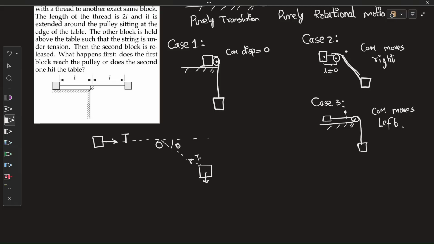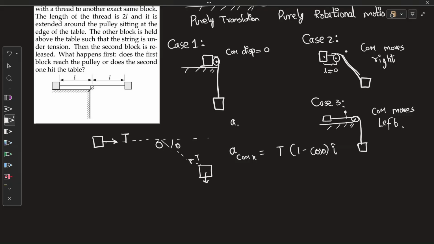The tension would be along this direction. So the net acceleration of COM in x direction would be T into (1 minus cos theta) i cap.